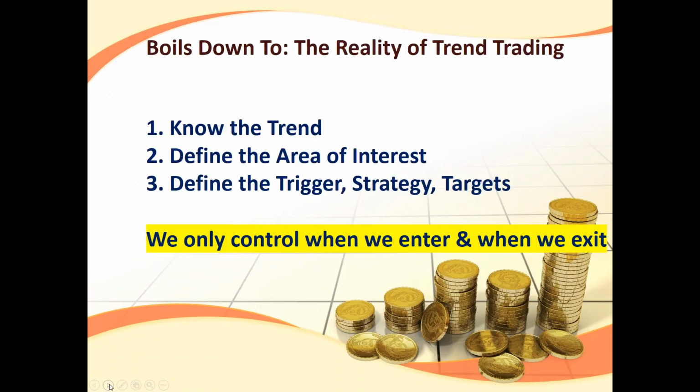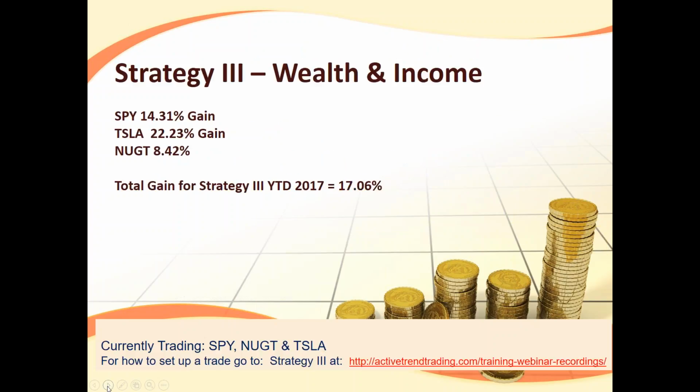Because in reality, you take those 5 pillars and it all boils down to this: know the trend, define the area of interest where you want to take action, and then define your trigger, strategy, and targets from there. And then once we place our trade and we're filled, then we're no longer in control, and we wait for the price action to work its way in one of 2 directions.